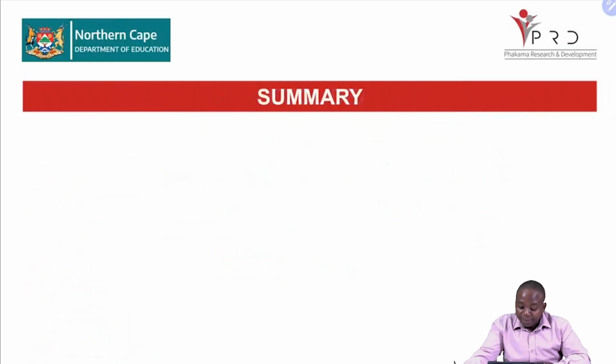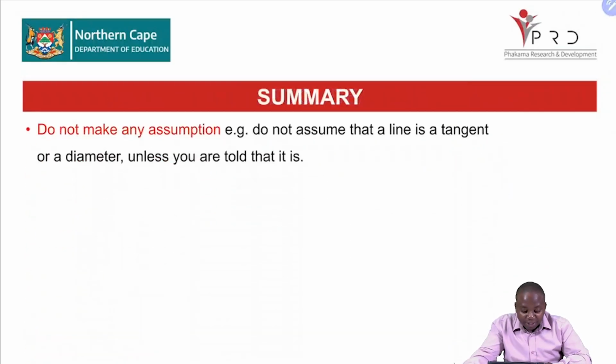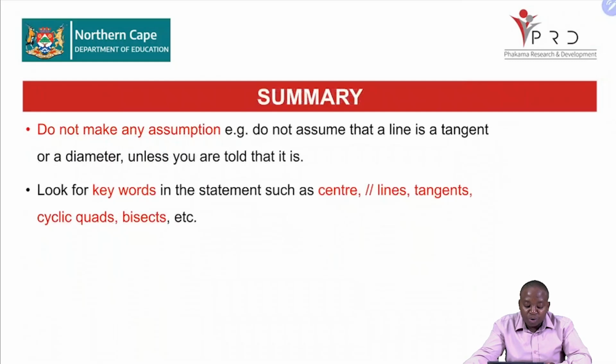Right, let's move on. The summary for this activity is this. Do not make any assumptions. Do not assume that a line is tangent or a diameter unless we are told that it is a diameter. Number two, look for keywords in the statement, such as center, parallel lines, tangent, cyclic quad, and bisects.